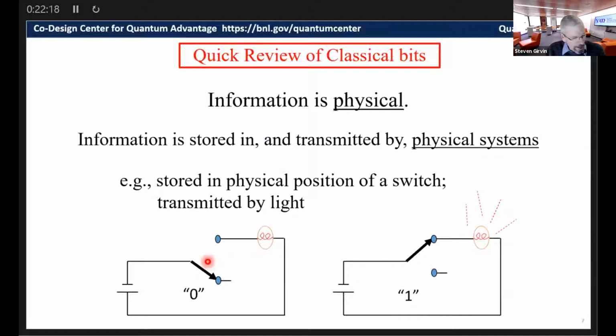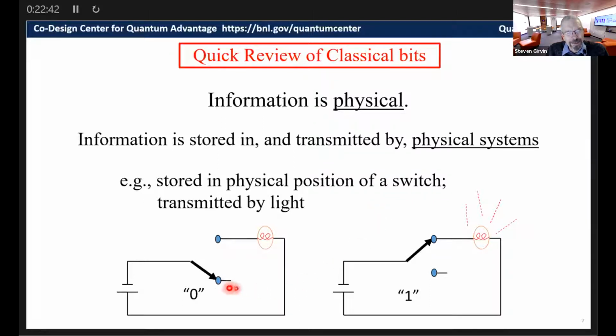Okay, so let me start at a really low level here. Information is physical. It's stored in and carried by physical systems. So you have to talk about physical bits or instantiations of bits, and then the bit of abstract information they might contain. They're different things.